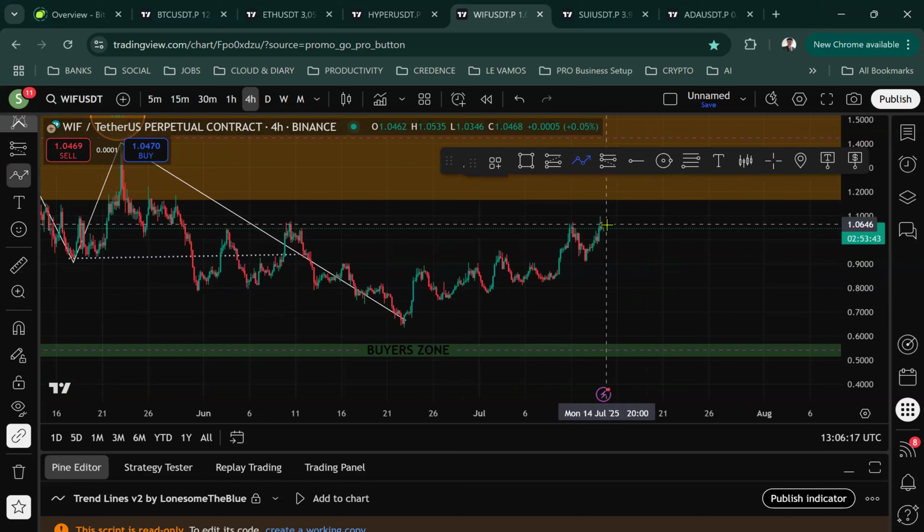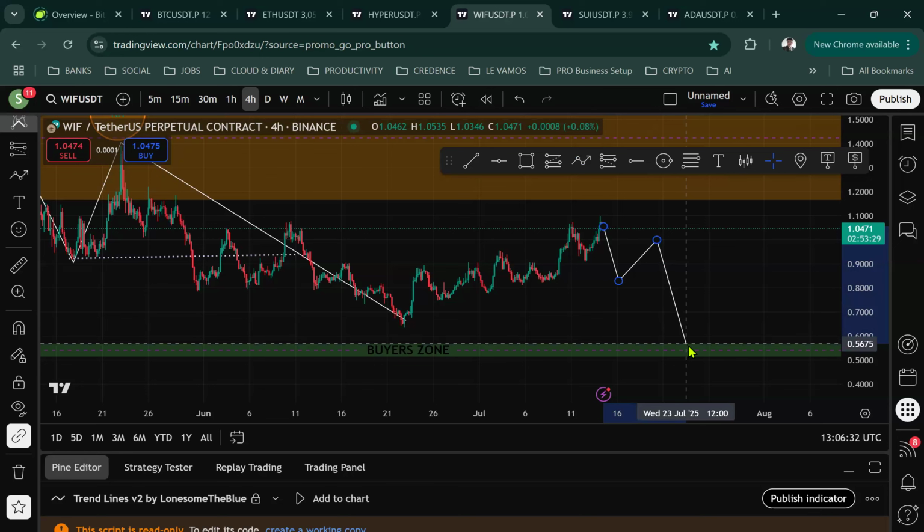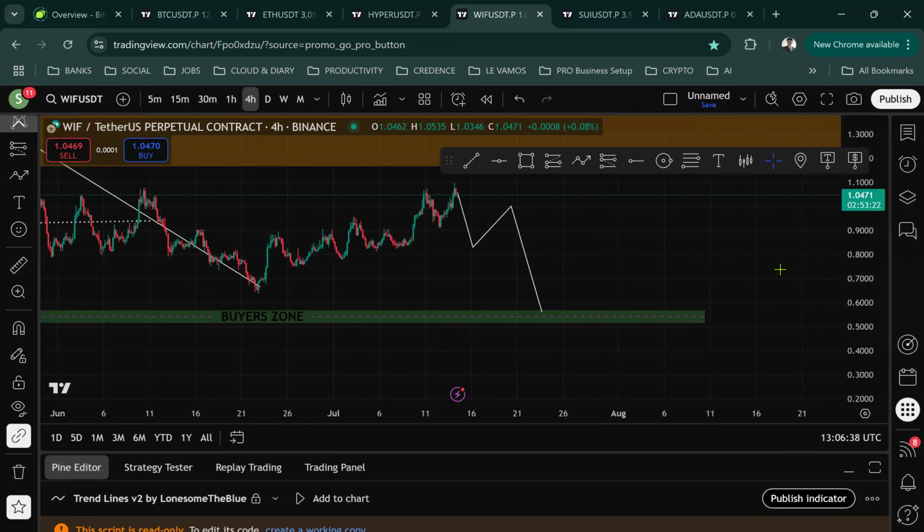For example, if the price comes up to here, we have to wait for the touch like this. Imagine it's touched now. Then only we move to the 15 minutes, correct? Yes, we now go to the 15 minutes time frame.